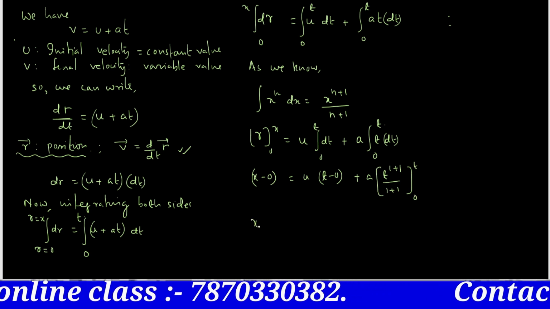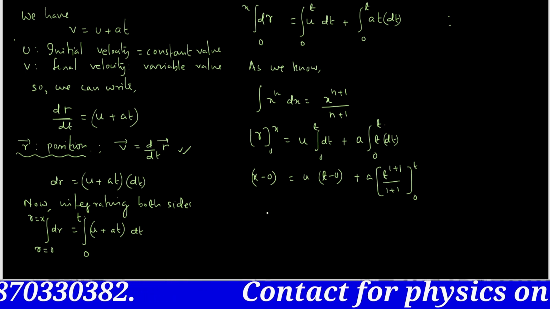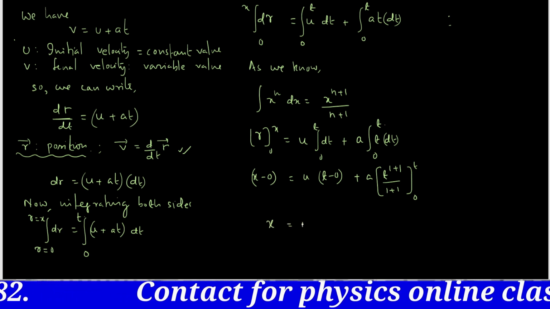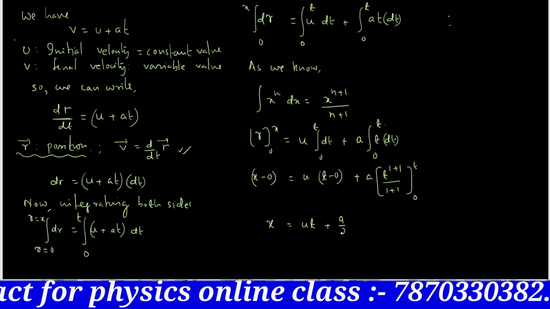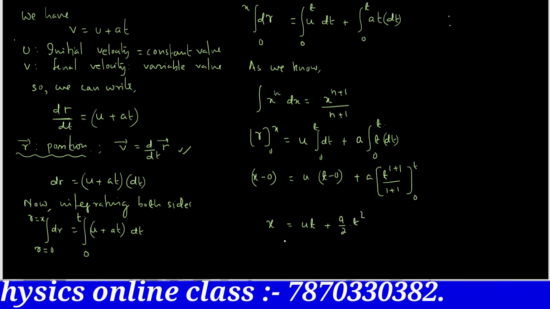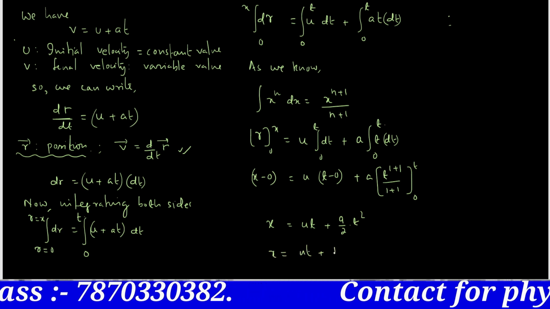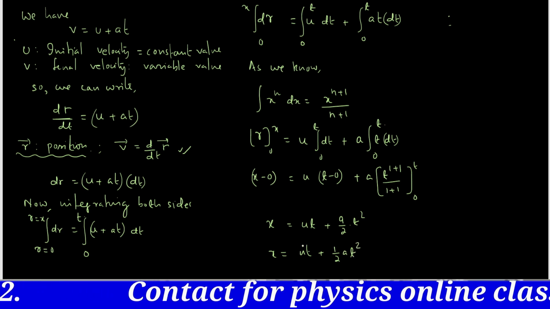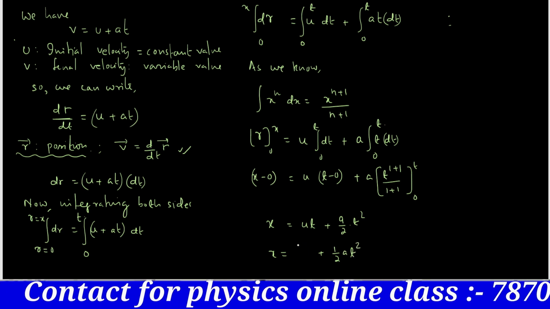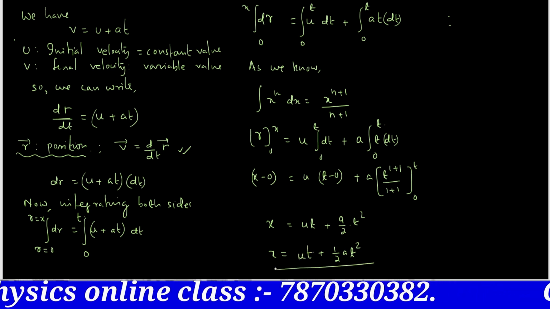Okay, x minus 0, and this will be simply x equals ut plus a by 2 into t squared. So x will be equal to ut plus half a t squared. I have proved this.